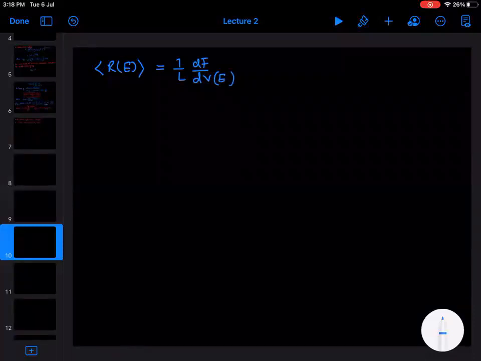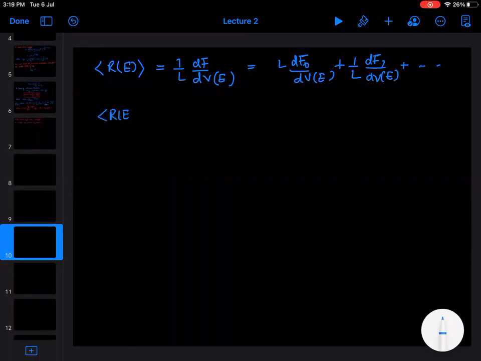We know the genus expansion of the free energy as well as of R of E, so we can write this relation for each order. If you do a series expansion, this will be L dF0 over dV, and so on.